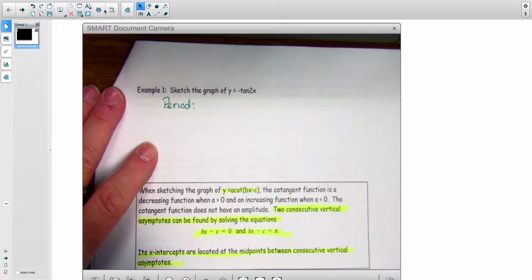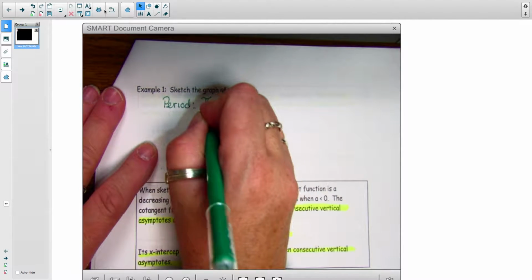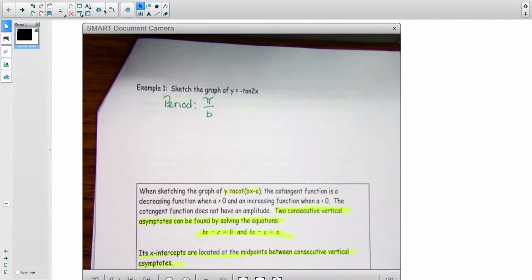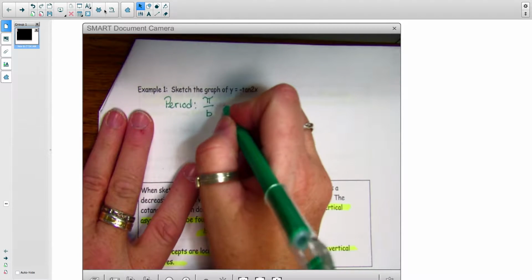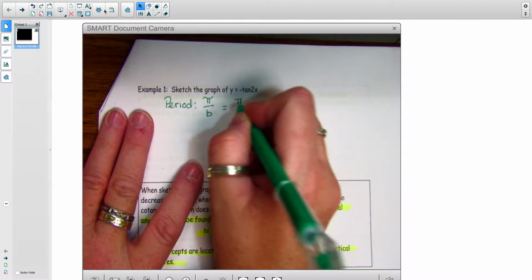The period is found by taking pi and dividing that by b. For cosecant, secant, sine, cosine, the period is 2 pi over b, but because tangent and cotangent have a different period, it's pi over b. What's b here? 2. So the period is going to be pi over 2.